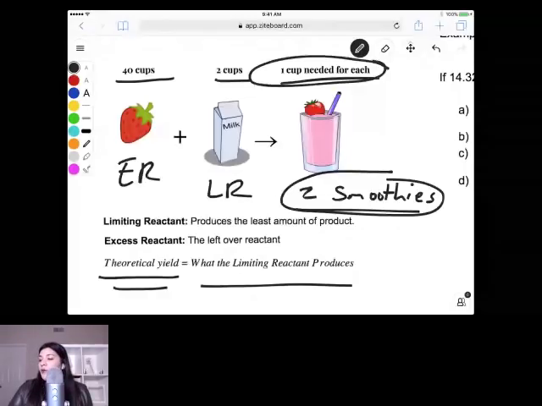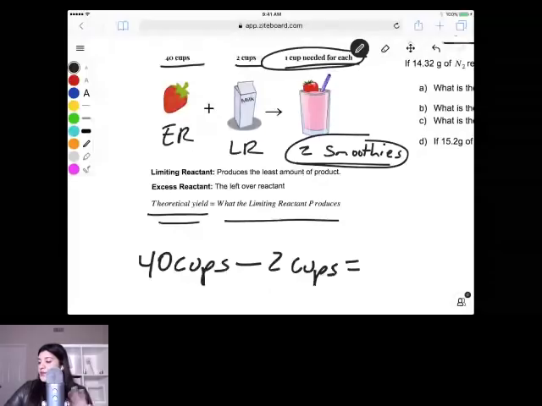So we would figure out that from the 40 cups we initially started with, we subtract what we used up, which was 2 cups of strawberries, and we figure out what's left over. You take your original amount, subtract what's actually being used up or reacted, and that gives you your excess amount, all right? And this would have been 38 cups. So I wish it were this easy in chemistry, but we're going to go over it.